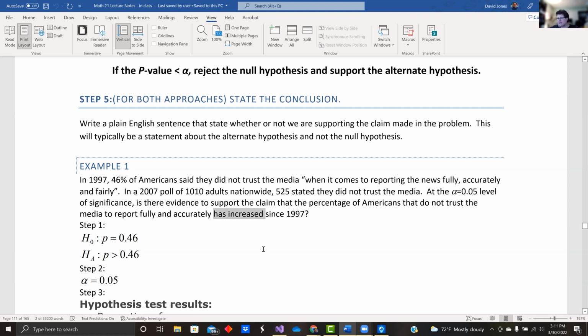So I'm thinking my HA is going to be P is greater than that 46%, which means H naught is the 46%. And we can see we have that right here. I got it listed down.